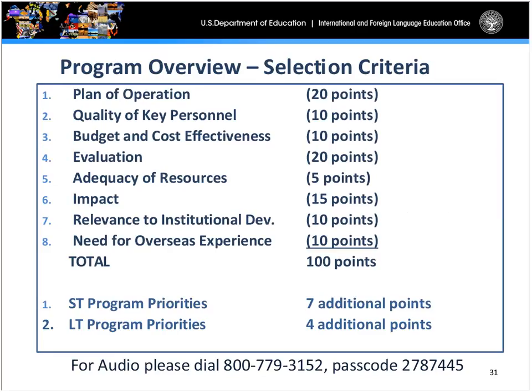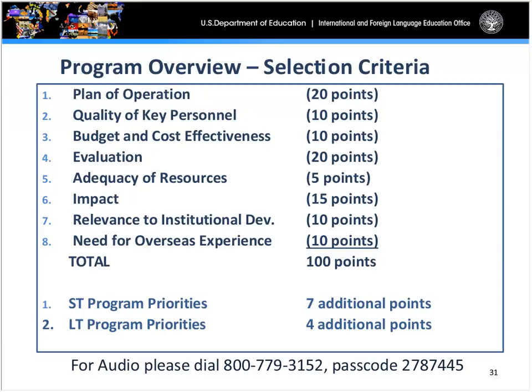So it's crucial that you take advantage of all the information outlined in the Federal Register Notice, as well as the directions given to you in the application booklet. For both components of the program, short and long term, we use the same selection criterion. As you can see here, we will go through briefly the main elements of the selection criterion.